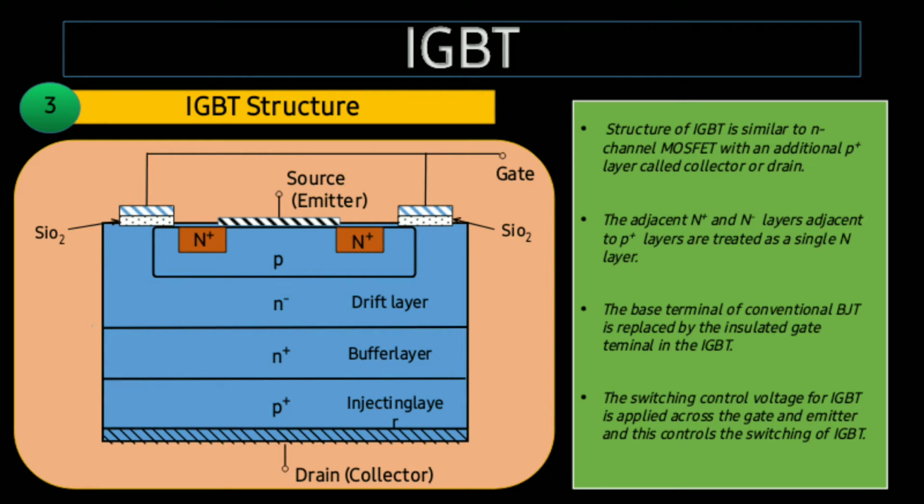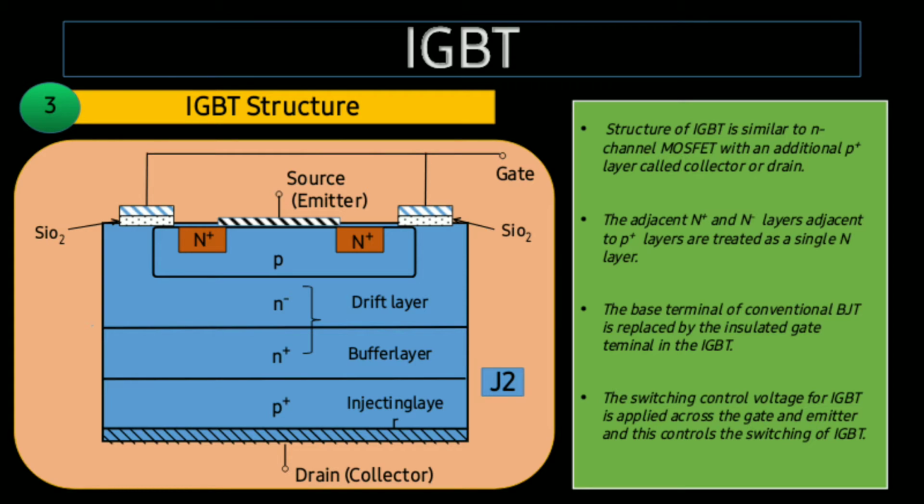The layer closer to the collector is the P plus, above it we have an N plus, and one layer interconnected with the N plus regions, that is the P layer. The adjacent N plus and N minus layers next to the P plus layer are treated as a single N layer.